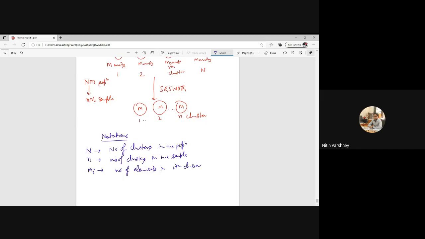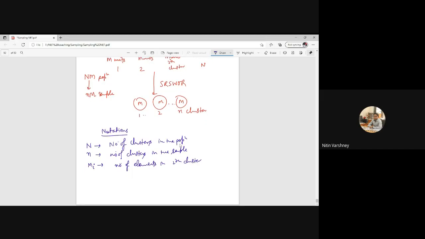That means the cluster size, the cluster size of the ith cluster. If I write m0, that is summation i equal to 1 to N mi, this is the total number of elements in the population.